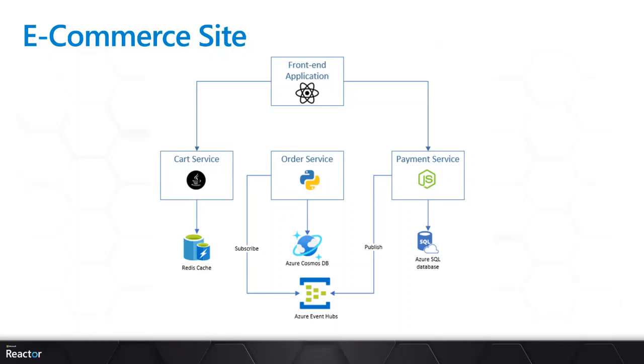Once the event is published by the payment service, the order service will read that message and perform some work to create an order and save the order information in Azure Cosmos DB. So this is a schematic representation of a sample e-commerce site based on microservices architecture. This is what microservices architecture looks like.